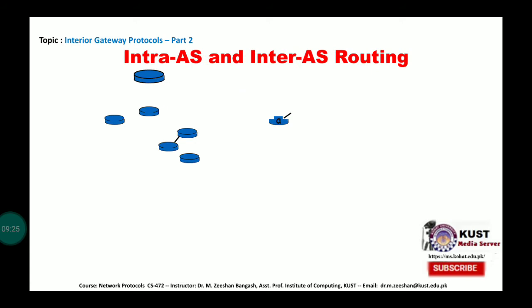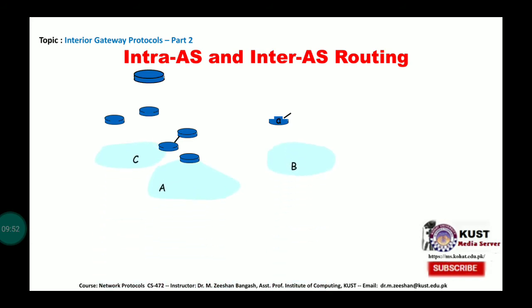Now let's consider diagrammatically the difference between the intra-autonomous system and the inter-autonomous system routing protocol. In the diagram, symbolically, there are different routers that are physically placed at different locations geographically, or at different parts of the network.